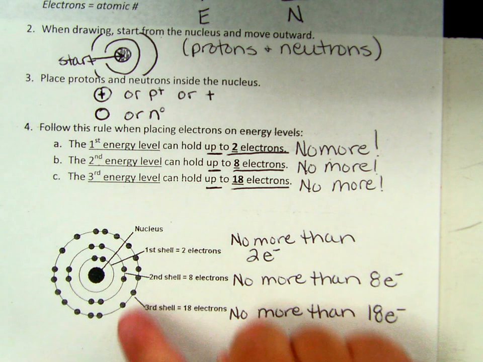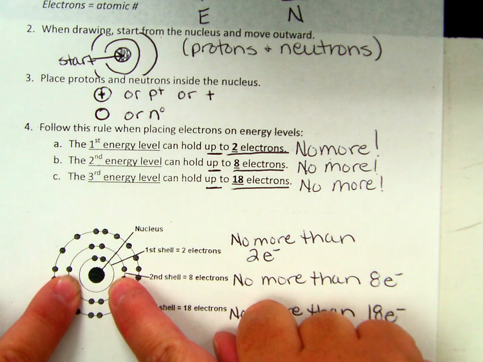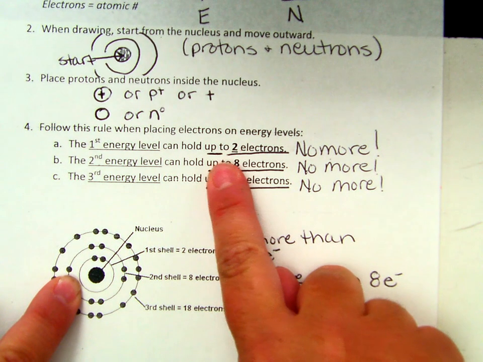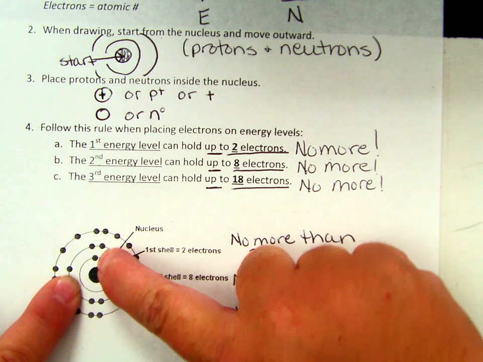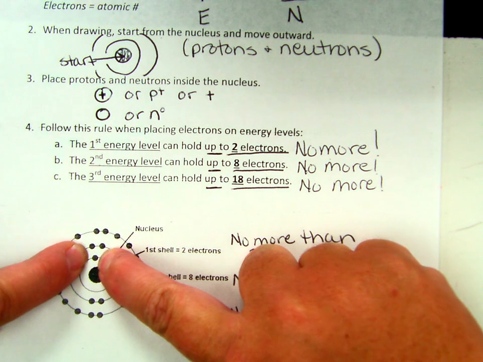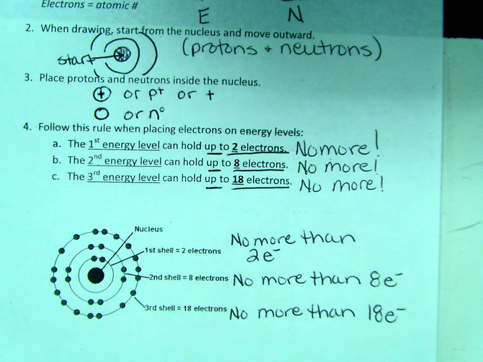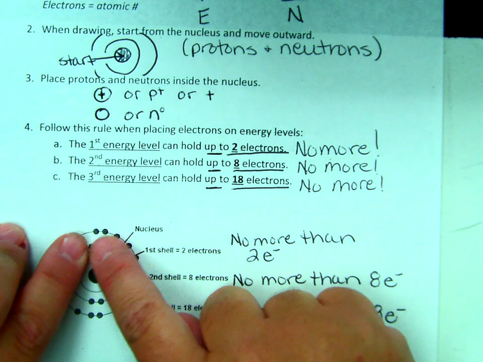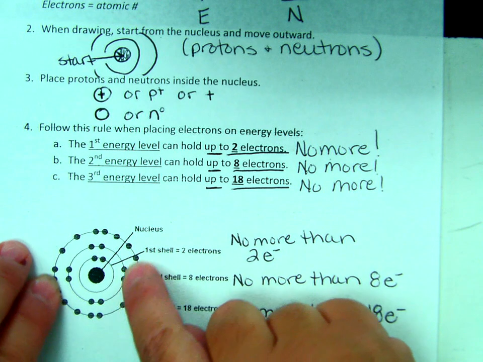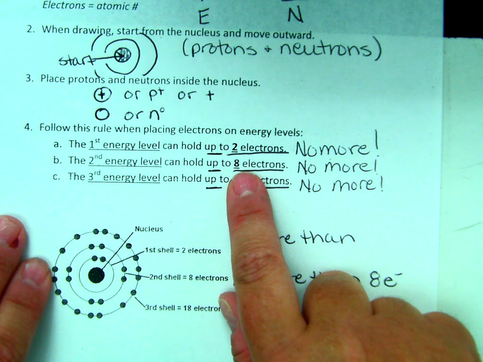On our first energy level, right outside the nucleus, it can hold up to 2 electrons. That means it can either have 1 electron or 2 electrons, but no more than that. Once there are 2 here, you have to move out to the second energy level, which can hold up to 8 electrons.